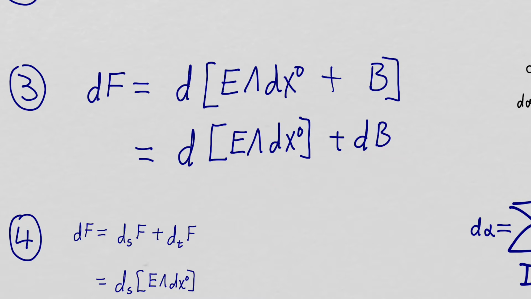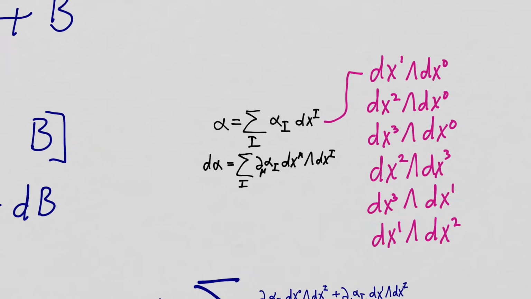Now, as part of this calculation, what a lot of books do is they separate the exterior derivative into a spatial part and a time part. And I'm not too big a fan of that because you can just calculate this. You can just use the rule of exterior derivatives and calculate this straight out.